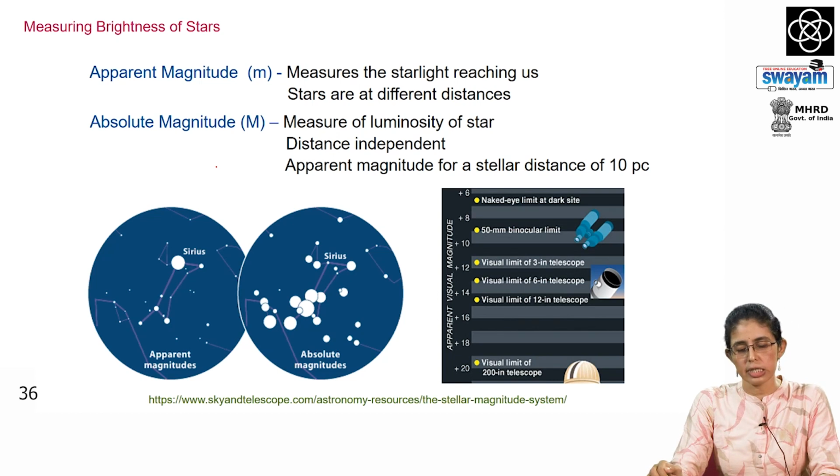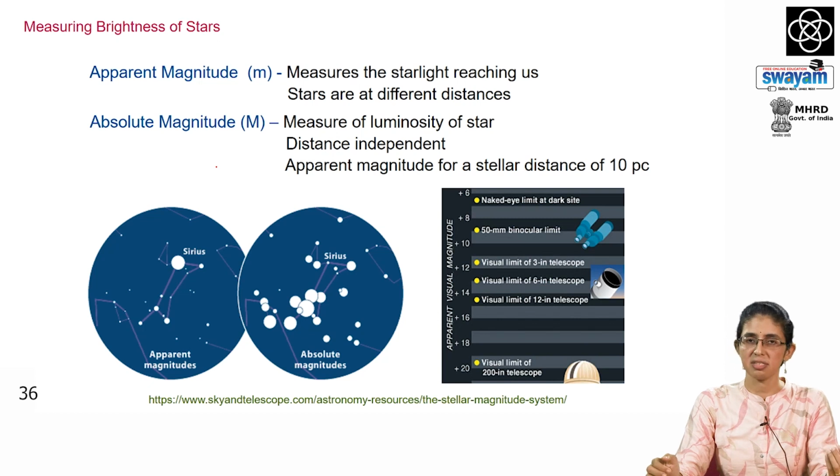In this slide one can see the effect of the apparent as well as absolute magnitude. If you see the left hand side figure shown below, the circle on the left shows the Canis Major constellation as visible to us. The size of the circle or the star corresponds to the brightness as we see it, the apparent brightness. We see therefore, Sirius is very large and there are other stars in the Canis Major constellation. And these stars, as mentioned earlier, this is a constellation, the stars are at different distances from us.